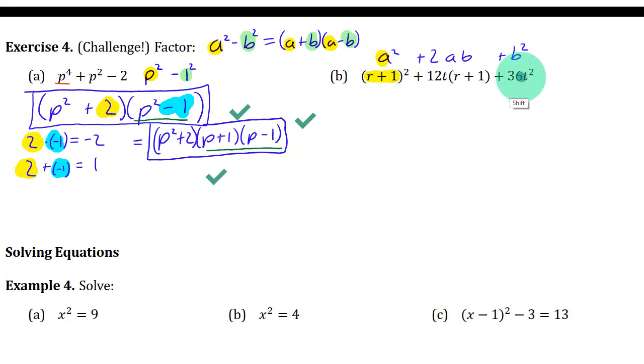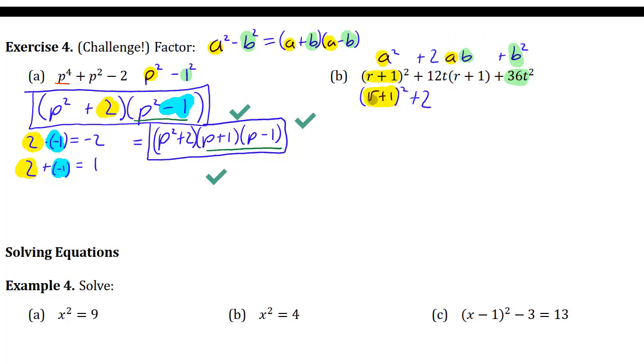The b is 36t. And if I write this again with r plus 1 squared, and instead of writing, like, I want to have it in the form 2 times a times b, I need to have that 2 there. And then we can see if the a and the b line up with everything else.